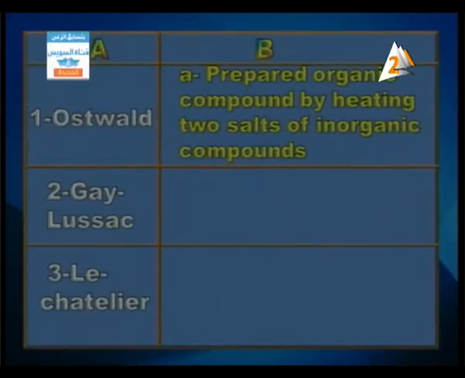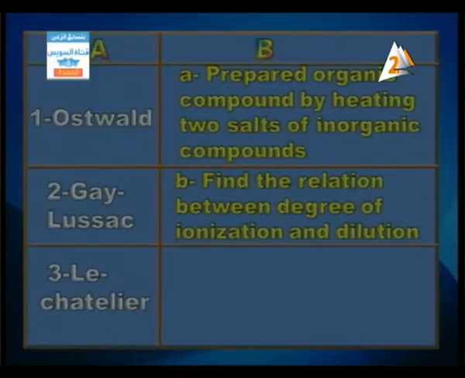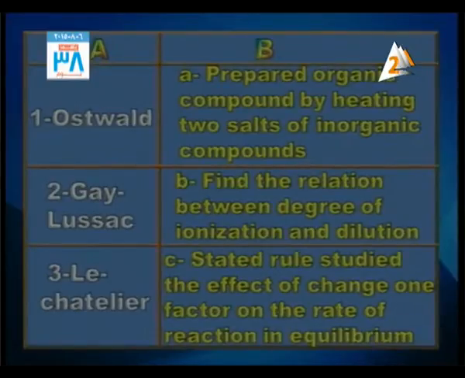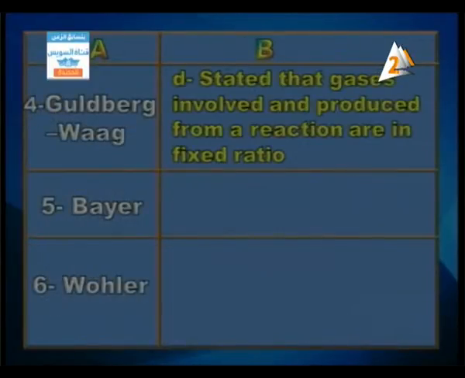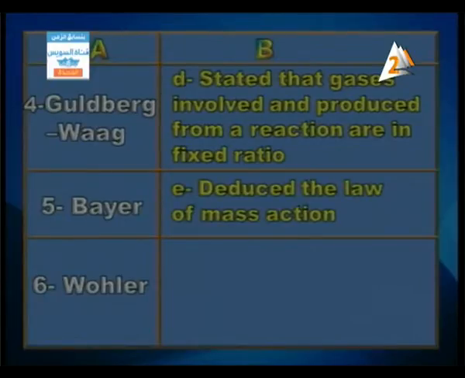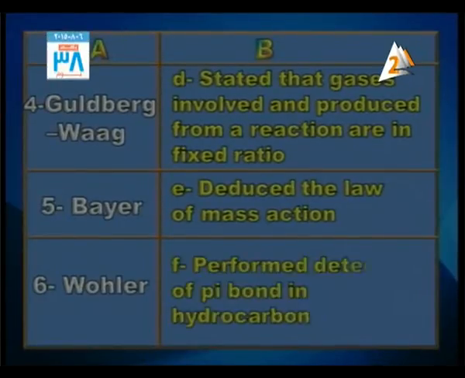If you think about it, which one prepared an organic compound by heating two salts of inorganic compounds, and which found the relation between the degree of ionization and dilution, and which stated the rule studying the effect of a change of one factor on the rate of the reaction in the equilibrium, and which stated the gases involved and produced from the reaction are in a fixed ratio, and which deduced the law of mass action, and which performed detection of pi bond in hydrocarbon.